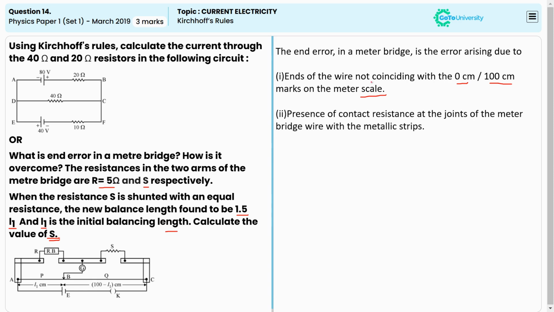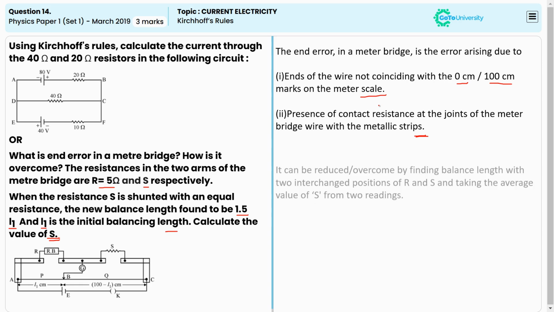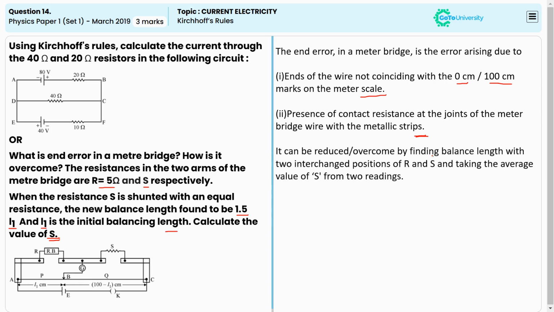One more point, the presence of contact resistance at the joint of the meter bridge wire with the metallic strips also causes some end error. It can be reduced or overcome by finding the balance length with two interchanged positions of R and S and taking the average value of S from the two readings.